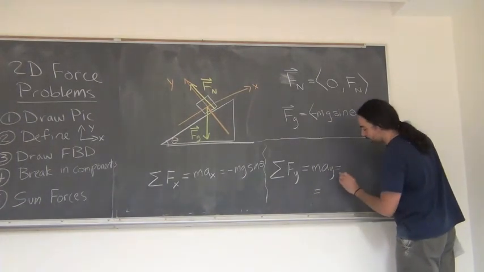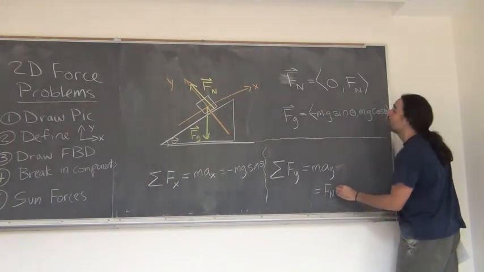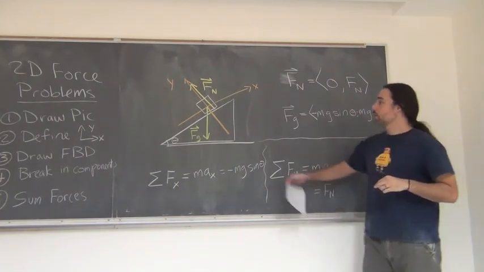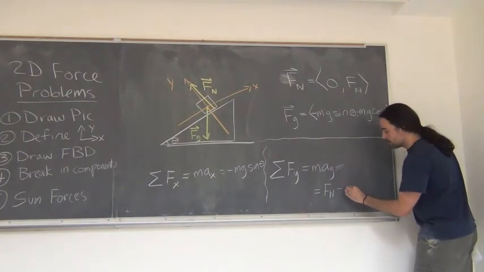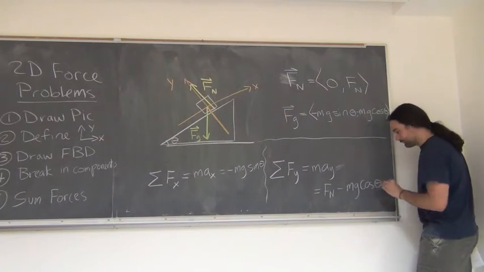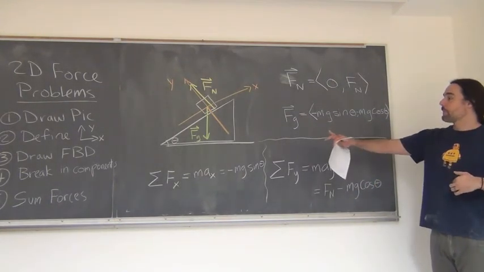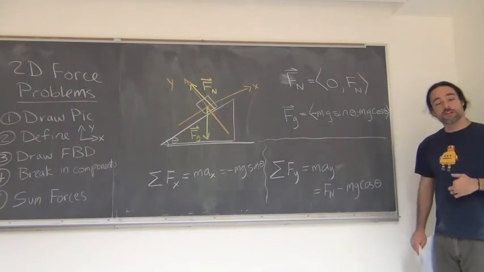And in the y direction, I'm going to write it down here so I have a bit more room, the normal force, which is pointing up. This should have been minus because the gravitational force is pointing in the negative y direction. So that'll be minus mg times the cosine of theta. Now we can tell automatically from this that the acceleration in the y direction has to be 0.